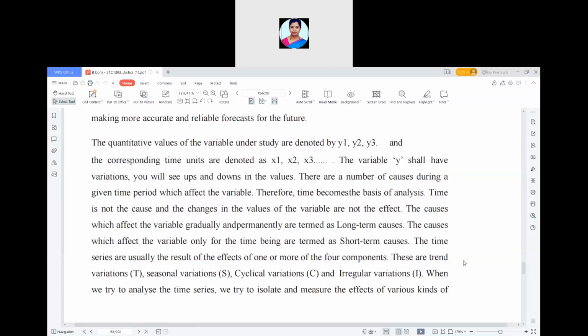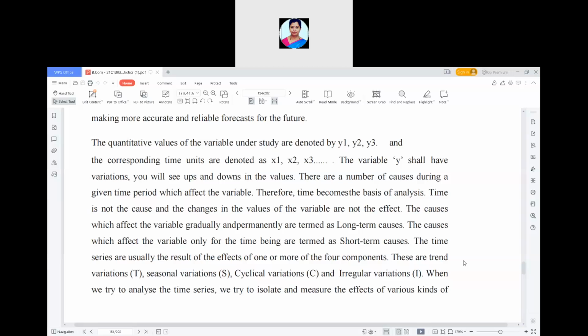So therefore, time becomes the basis of analysis. Time is not a cause, and the changes in the values of the variable are not the effect. The causes which affect the variable gradually and permanently are termed long-term causes. The causes which affect the variable only for the time being are termed short-term causes.